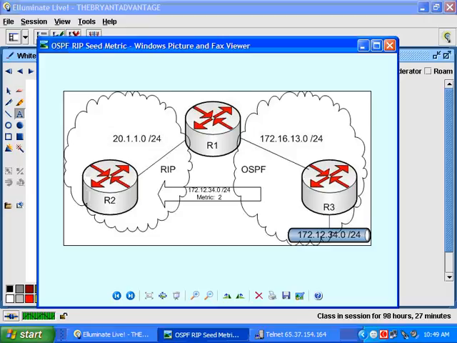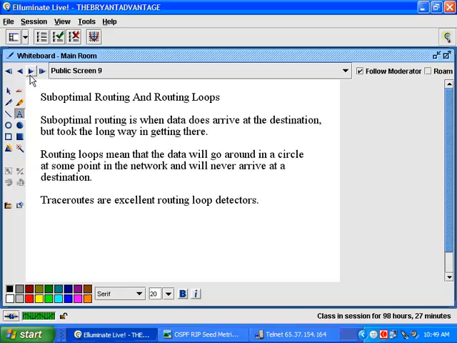Let's take a look at suboptimal routing and routing loops and discuss those for just a few minutes. The difference between the two is that with suboptimal routing, the data is going to get to the destination, but it takes the long way in getting there.